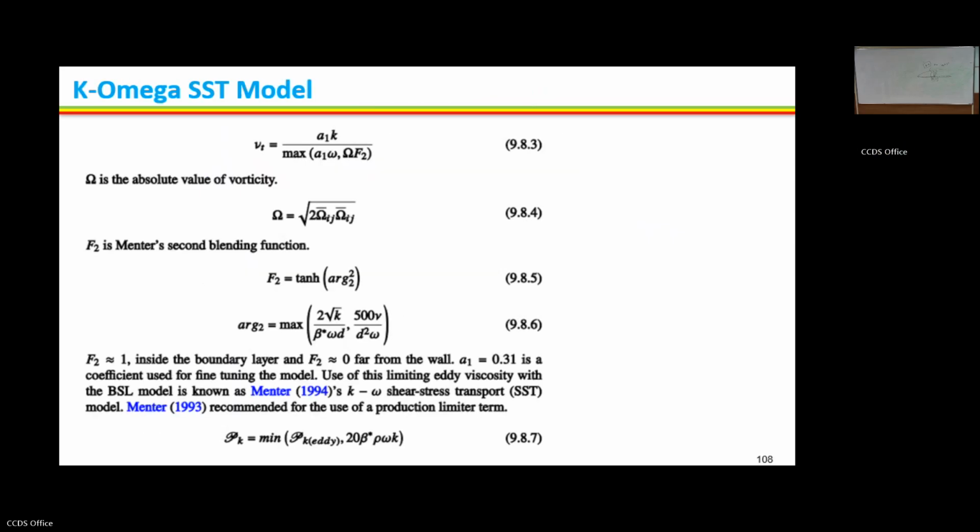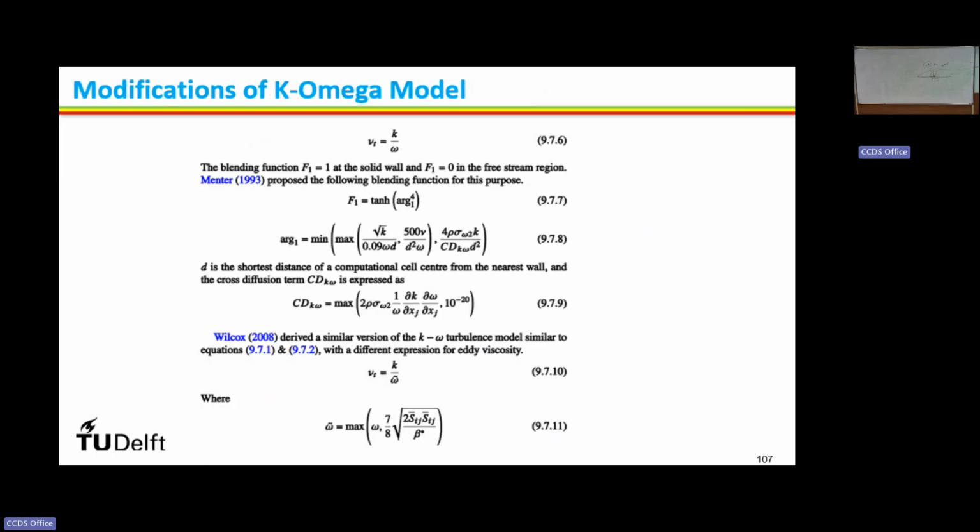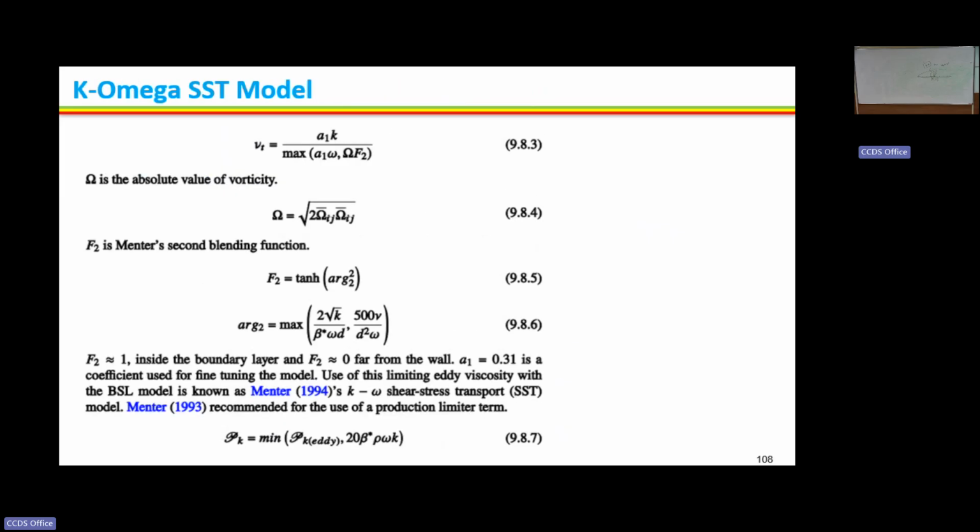Then subsequently Menter in the 94 paper did a substantial revision of the model. In 93, his eddy viscosity was prescribed as k by omega. In the 94 paper, Florian Menter changed this: nu t is a1 k divided by the maximum of a1 omega and capital omega, the mean vorticity, times another blending function F2, right?